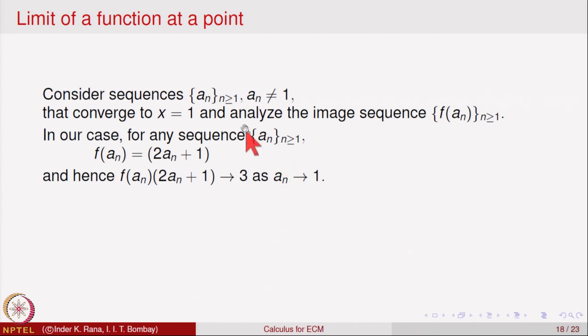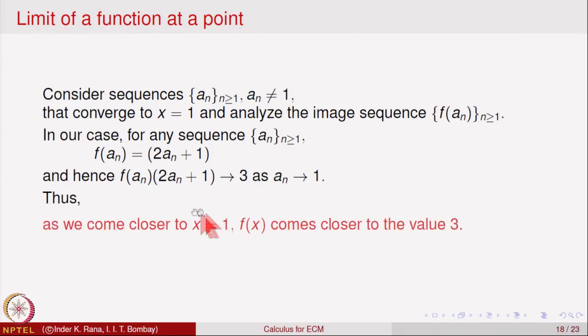So, if I take a sequence a n in the domain, a n not equal to 1, and if a n converges to 1, that means I am approaching 1 in the domain, then in the range f of a n approaches the value 3. So, we can say that as x comes closer to 1, f of x comes closer to the value 3.